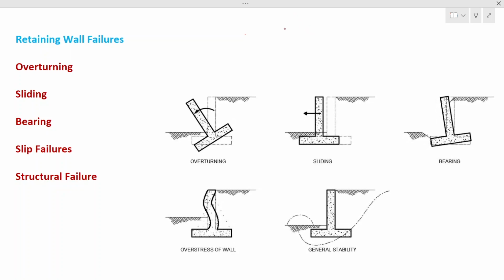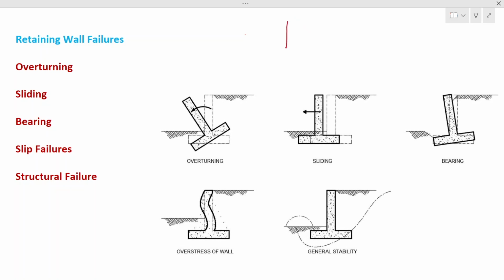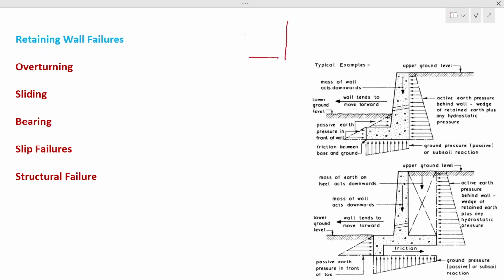Right, let's start. We build a retaining wall to make the ground stable, or when you have a vertical cut somewhere in the ground. As you can see here, you have a vertical cut like this. You have earth here, and you want to make it stable, because a vertical cut won't be stable without any structure. So we build a structure here to make it stable.